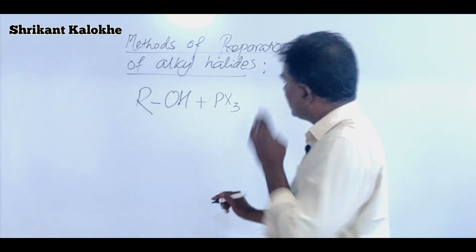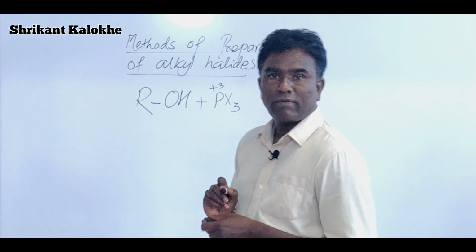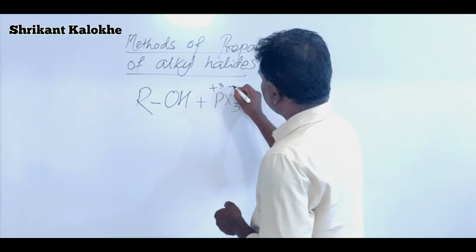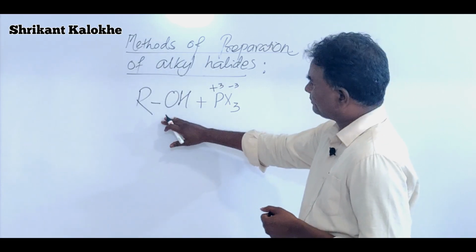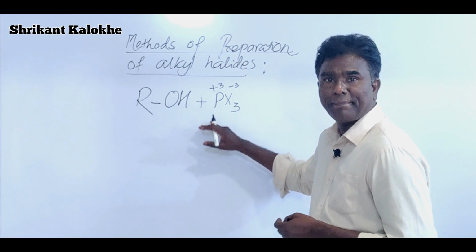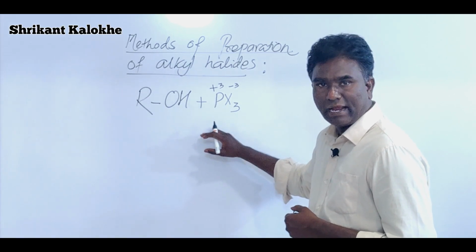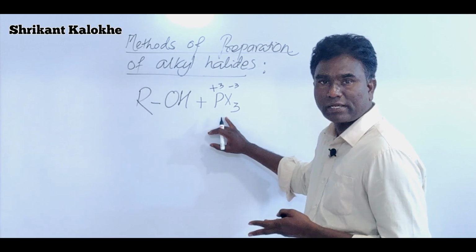Out of those 5 electrons, when that phosphorus donates 3 electrons to chloride or bromide or iodide ion, then in this way the phosphorus acquires +3 oxidation state and 3 halides -3 oxidation state. So from alcohol we can prepare alkyl halides by treating them with phosphorus trichloride also.